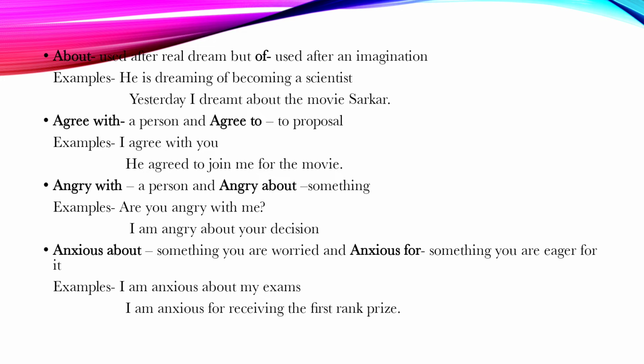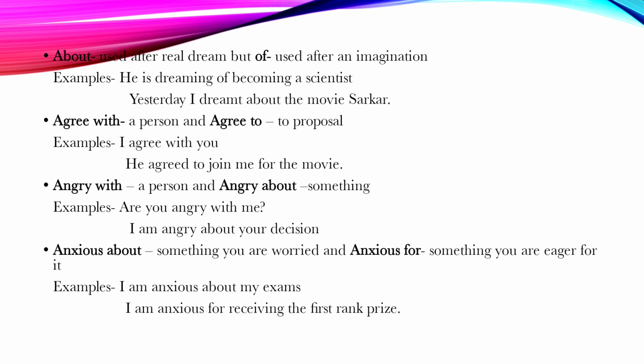Now, anxious about and anxious for. Anxious about means you are worried about something. I'm anxious about my exams. And what is anxious for? That is something you are eager for. You are waiting for it eagerly. I'm anxious for receiving the first rank prize.